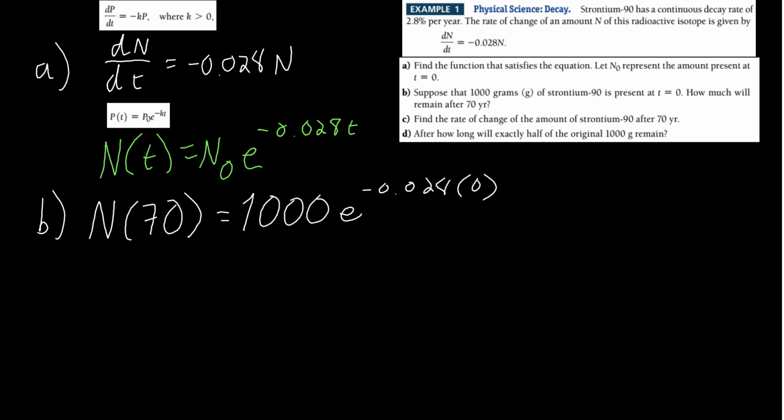I'm sorry, no, I messed that one up. So my initial amount is 1,000 at t equals 0. We want to know how much remains after 70 years. Sorry about that. So we put 70 for that. We already have the initial amount.